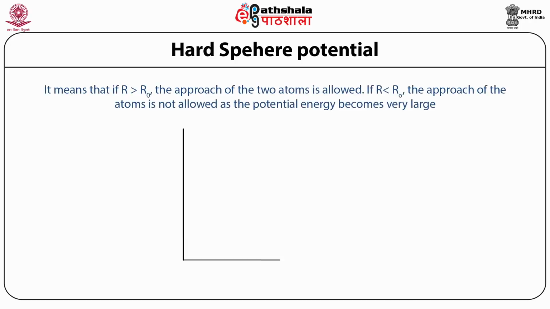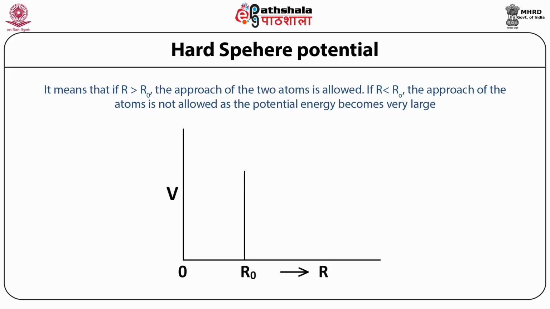It means that if R is greater than R0 between the two atoms, the approach of the two atoms is allowed. If R, the distance between two atoms, is less than a particular value R0, then the approach of the two atoms is not allowed, as the potential energy becomes very large.